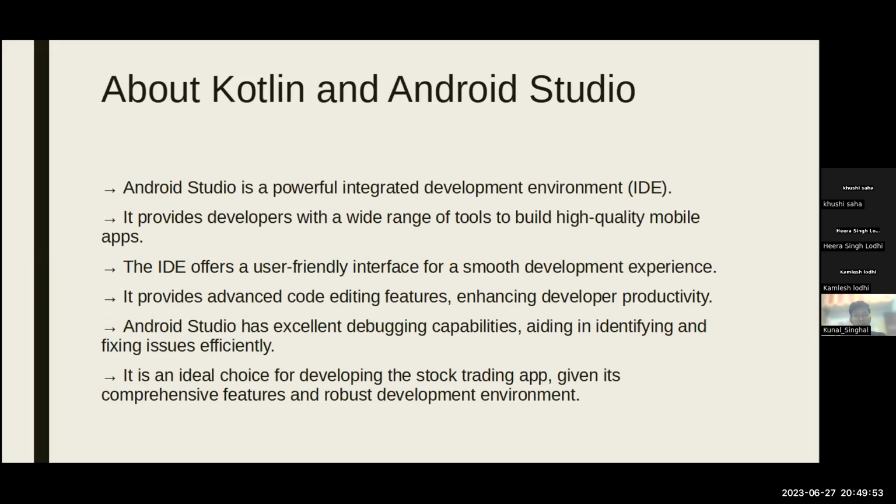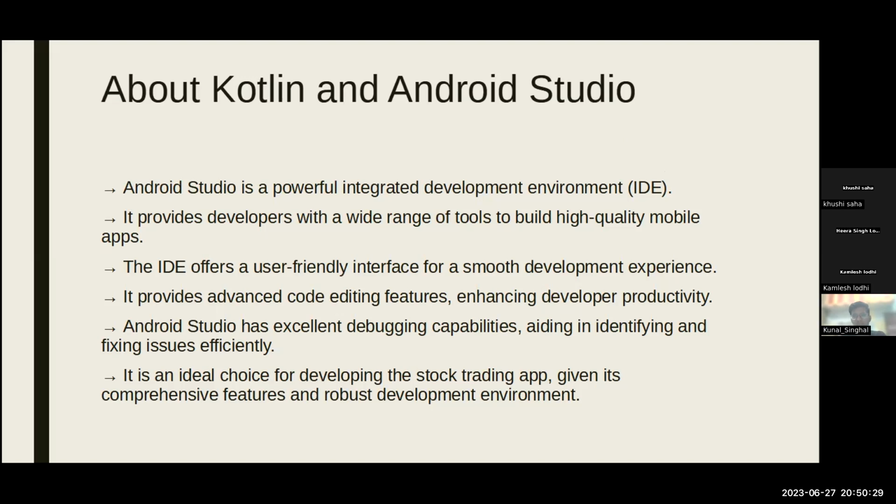About Kotlin and Android Studio, why am I using them? Android Studio is a powerful integrated development environment, and it offers various debugging skills. It offers a user-friendly interface and, as I previously mentioned, easy debugging.